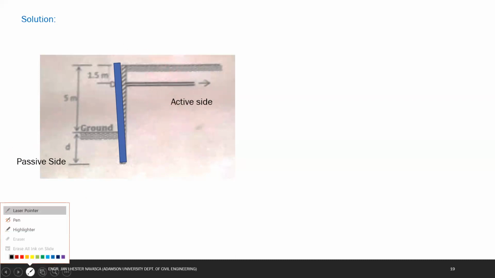Ang assumption sa active side is yung wall is away from the soil. And for the passive side, yung wall is towards the soil. Okay, this will be your soil. Ito yung wall towards siya. Kung ito yung soil, this is the wall, okay, away siya. So this is the active side and this is the passive side.